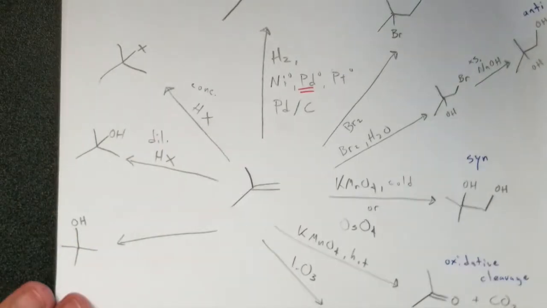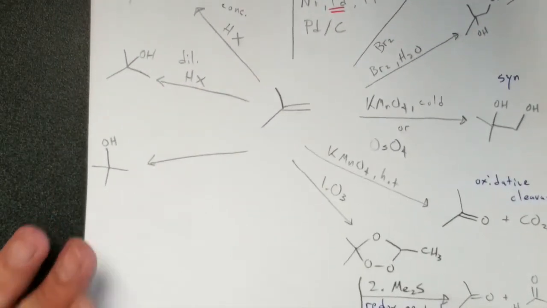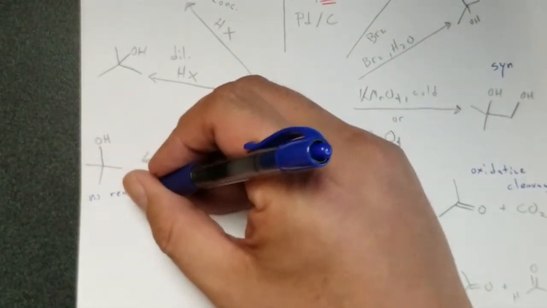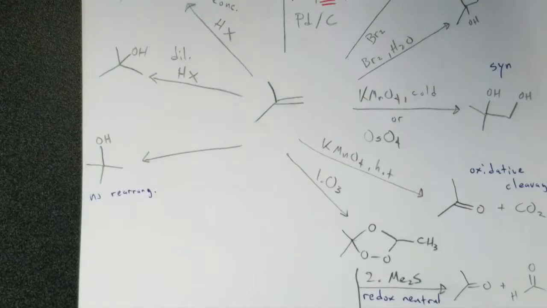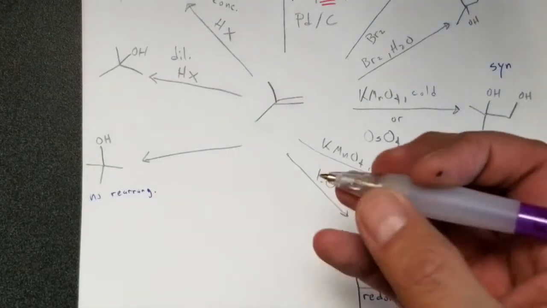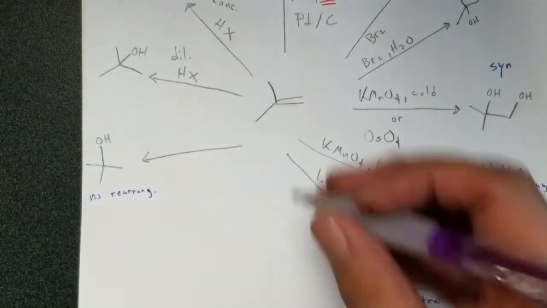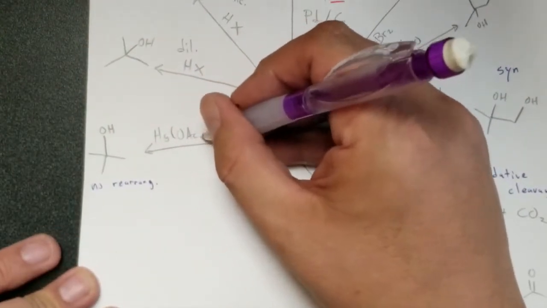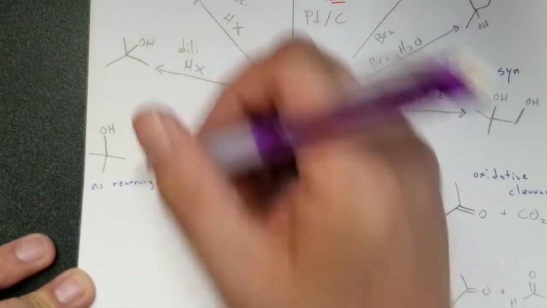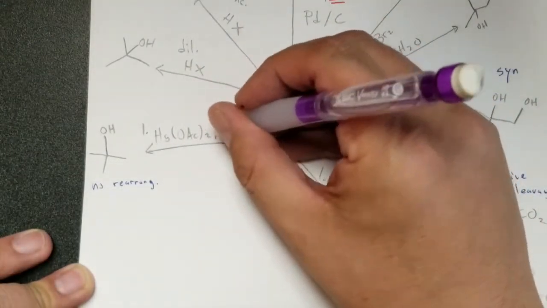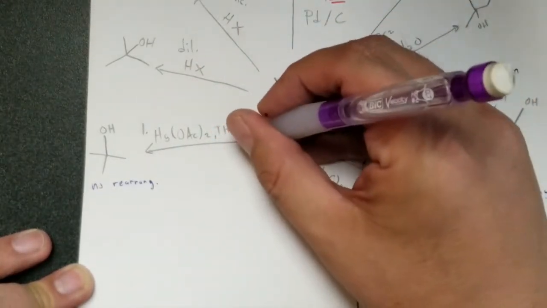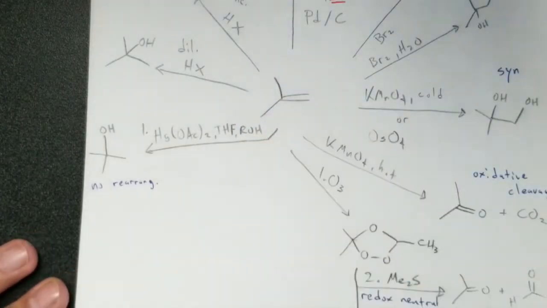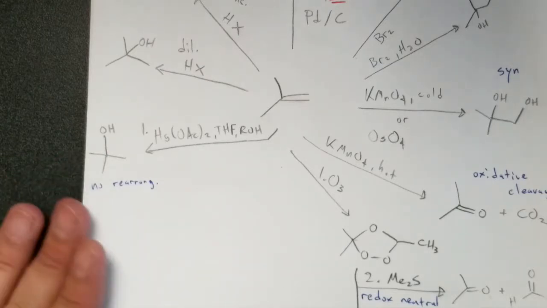So this one here, it looks the same product here, but I do want to mention no rearrangements. And this was the oxymercuration demercuration. It was mercury acetate, Hg(OAc)2. And then we also need THF. And then you will have ROH. So notice how I put ROH.